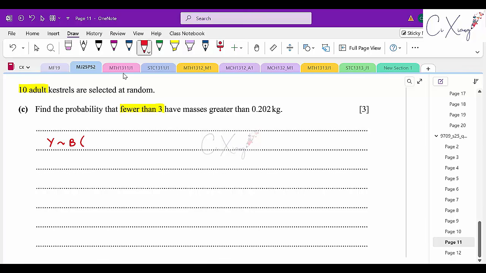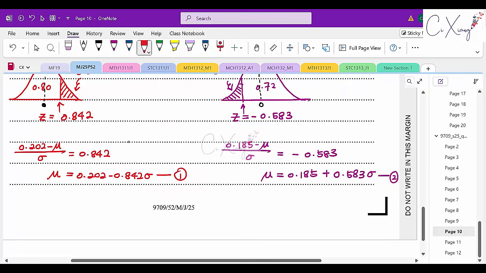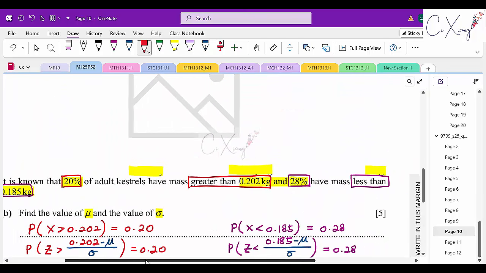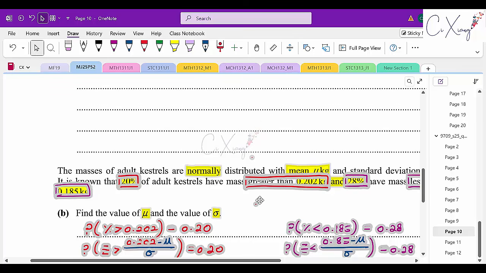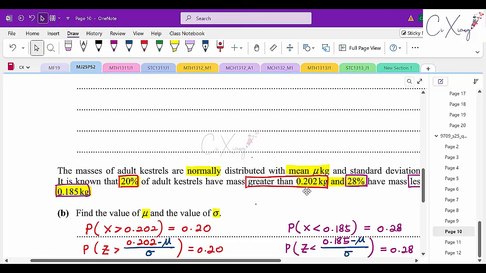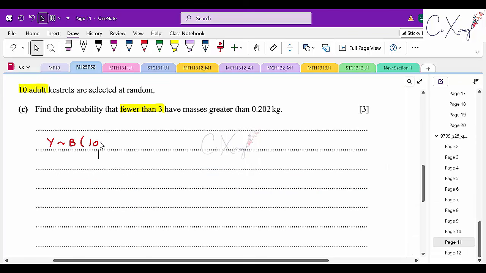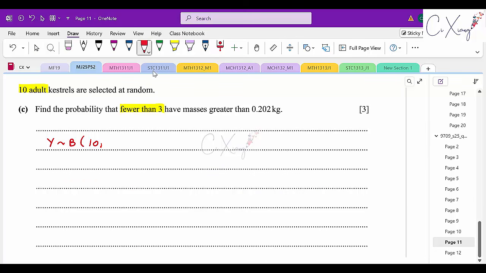So I'm having 10 birds, then fewer than 3, greater than 0.202. What is the probability of greater than 0.202? I think it's here, right? Yeah, greater than 0.202 is 20%. That means in my calculation here, the P will be 20%, which is 0.20.